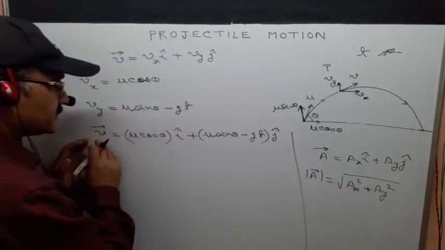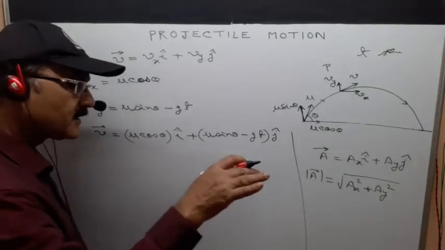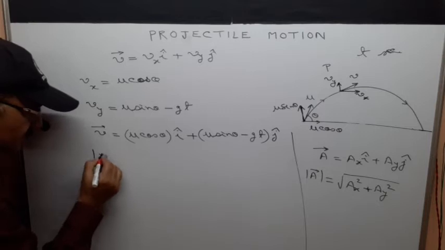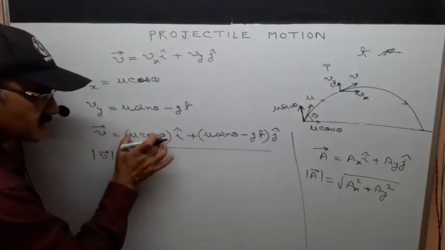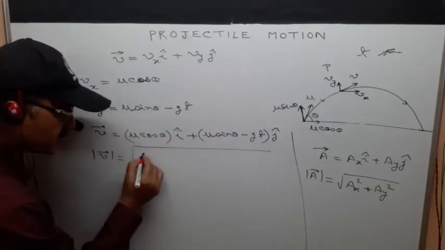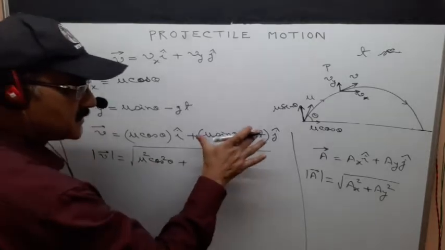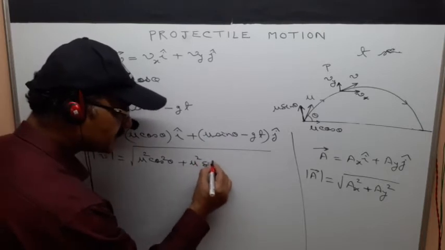So here also this velocity is given in a vector form. So if you have to find the magnitude of this, the magnitude will be square root of this square plus this square.